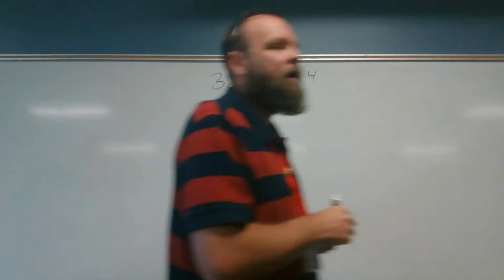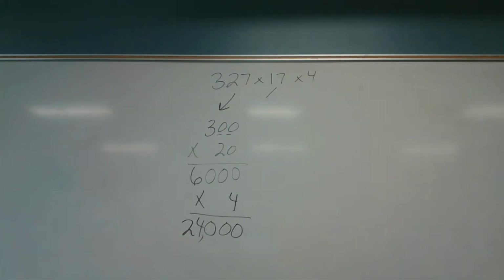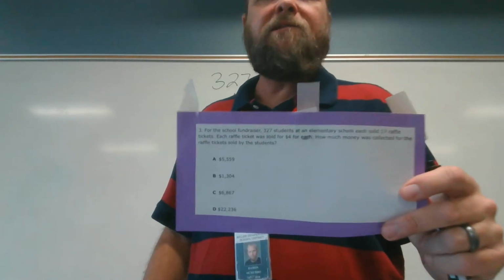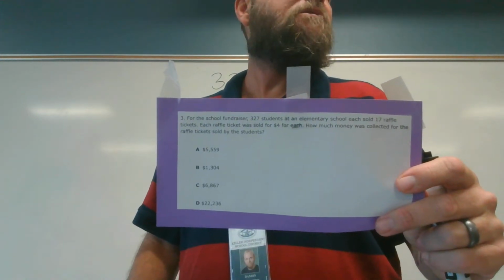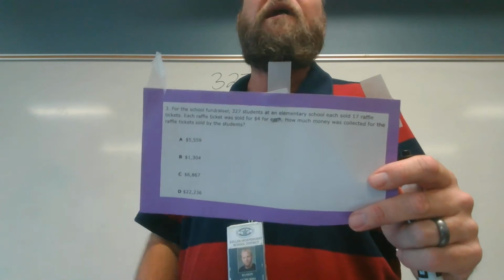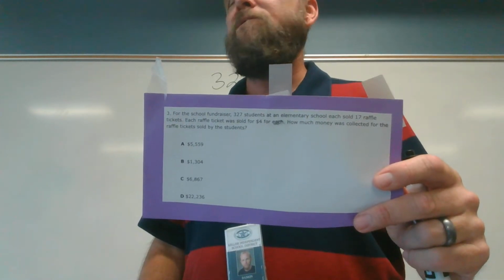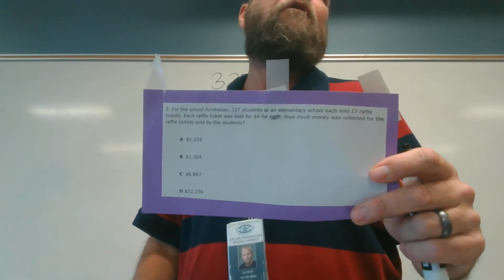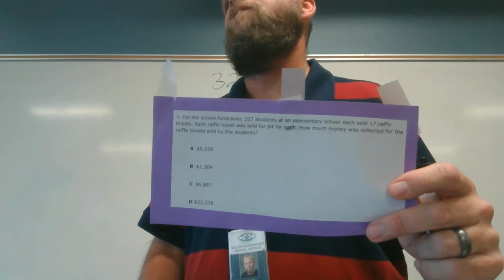If you looked at your answer choices, and I'll be right back because I want to show the answer choices. There's only one answer choice on this card that if you estimated makes sense. Only one that could possibly be the answer. So you didn't even have to do 327 times 17.